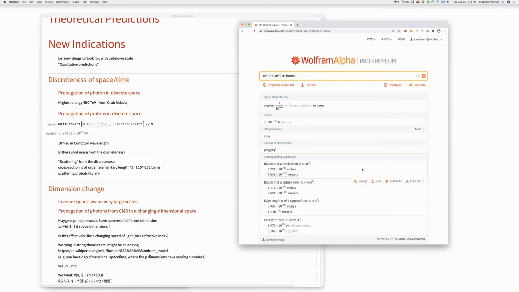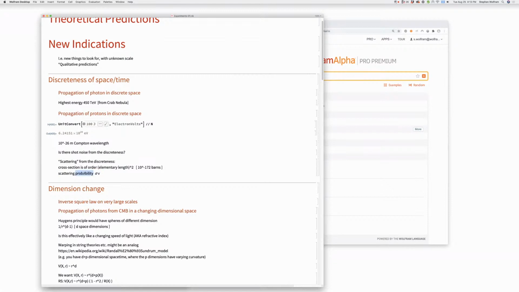It's n sigma v that is the number of scattering events, where n is the number density, right? Scattering event frequency is n, the number density, which has units of number divided by length cubed, times sigma times v. So I think that has the right units. That's an inverse time, right?